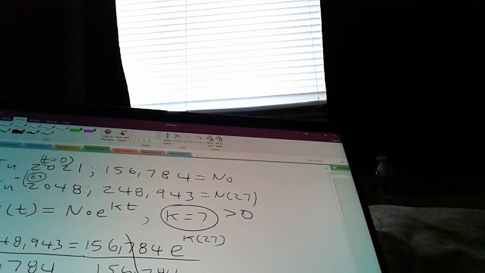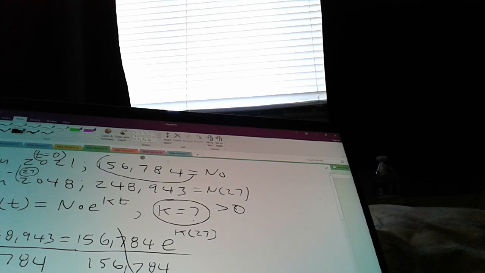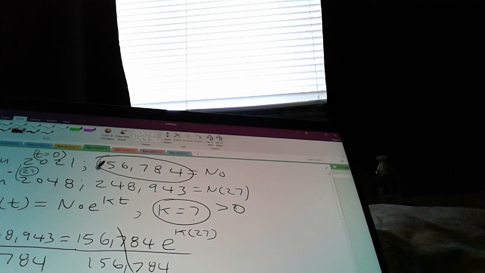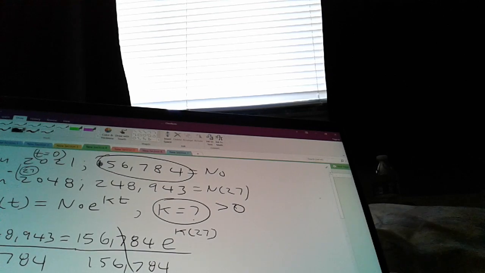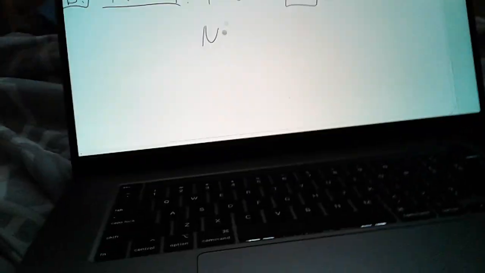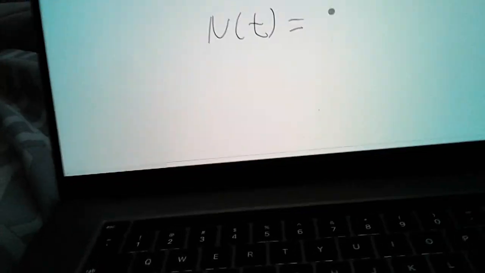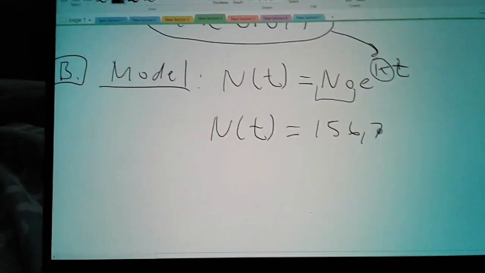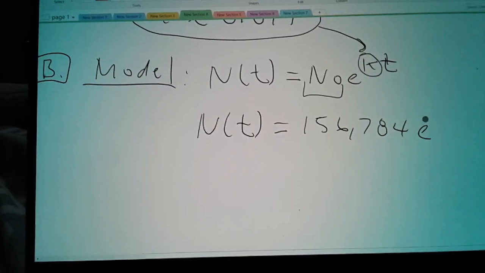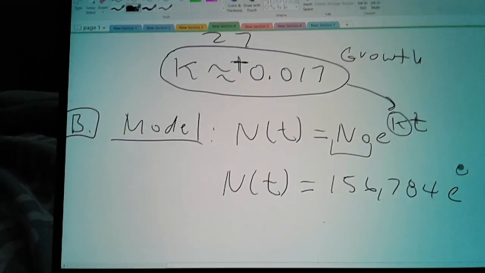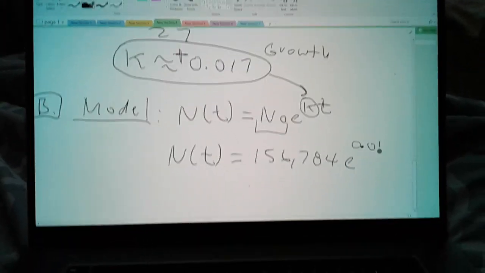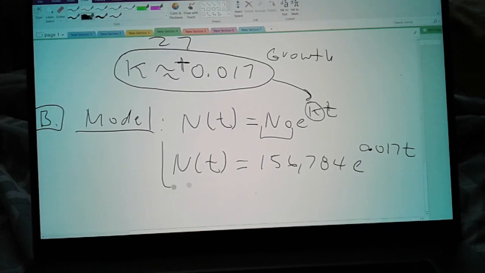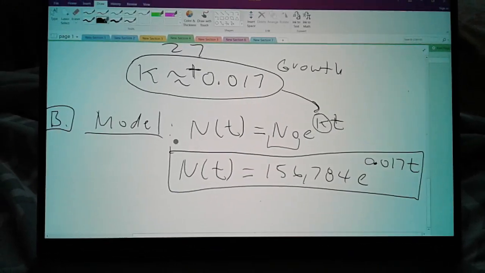So in 2021, there's 156,784. So that's going to be my initial amount. We're starting in 2021. So we have 156,784 e to the 0.017t. That's your exponential model for this situation.